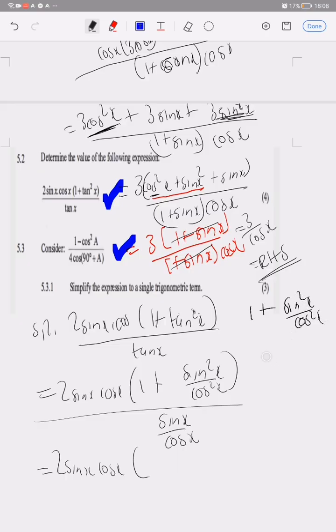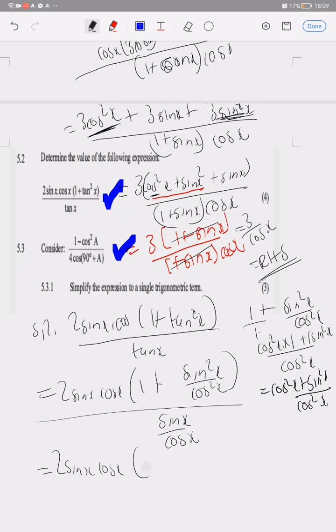So your LCD here is cos squared x. So 1 divided by cos squared x, I'll have 1. Cos squared x divided by 1, I'll have cos squared x times 1. So in simple, I'm having cos squared x plus sine squared x over cos squared x, right?